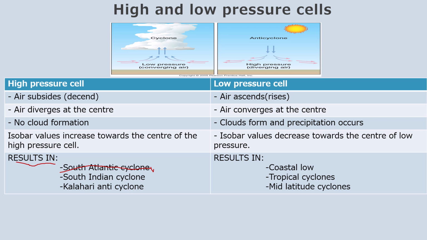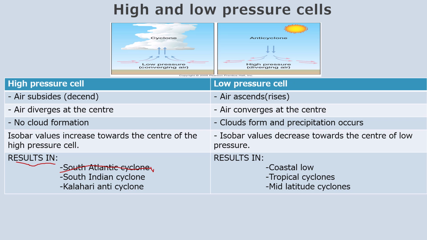South Africa is at the lowest of Africa, the last country. Africa is a continent as a whole. That's where the South Atlantic anticyclone occurs, moving towards the center of Africa. Secondly, the South Indian anticyclone occurs in the South Indian Ocean, moving from the right hand side to the left hand side of Africa.